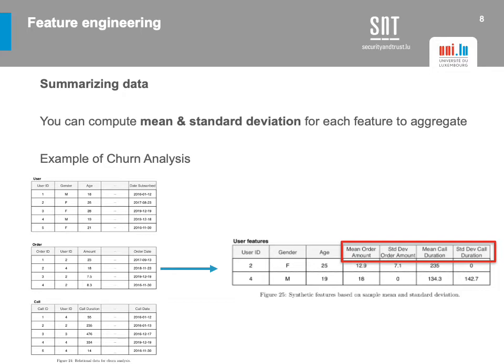Maybe it makes sense to consider, for example, as a feature, the average amount of purchase that the client did. Maybe the client generally did small purchases, or generally on average it's big. Maybe it makes sense also to consider the standard deviation.